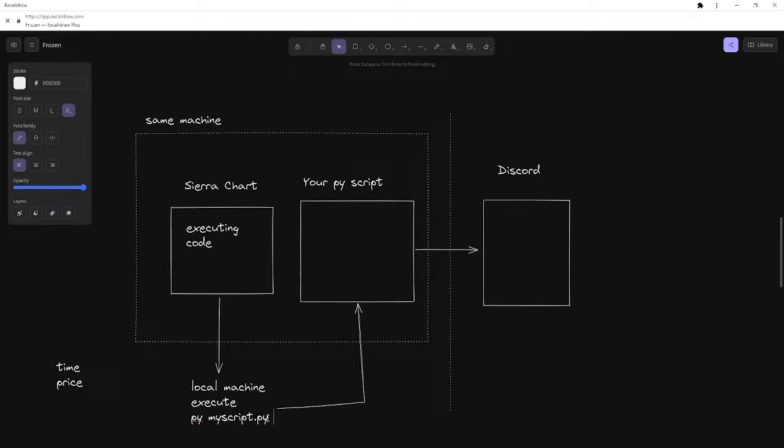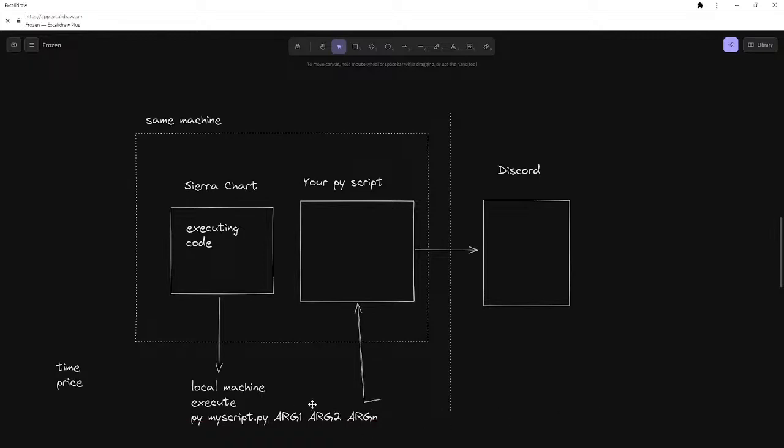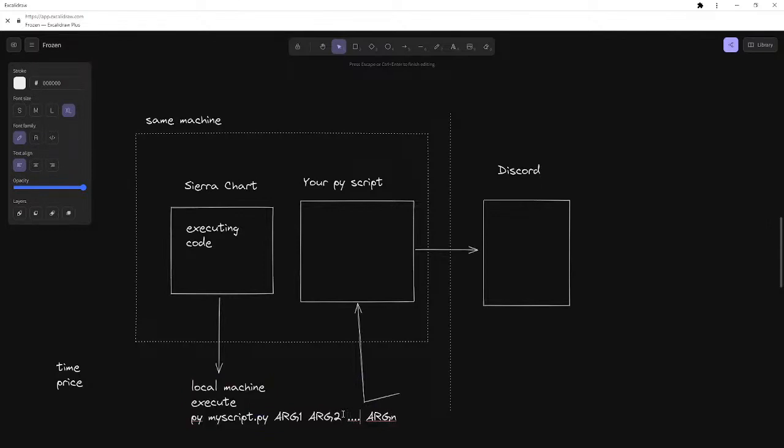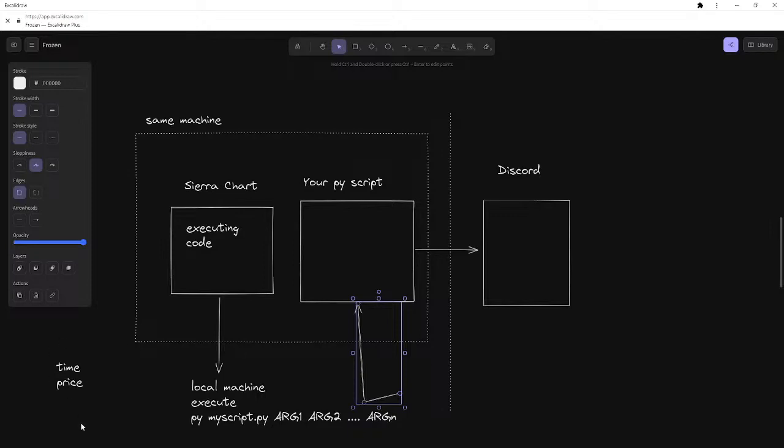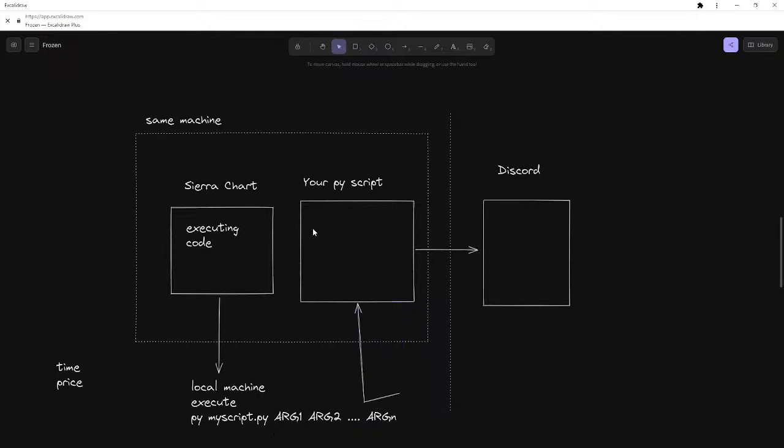So you should be able to pass argument 1, argument 2, up to argument n. This arrow is getting really all sorts of funky, but whatever. Inside your Python script, I'm sure there's a way in Python to detect arguments passed into the script at the command line, which is what you'll be executing this Python script with from within the context of Sierra.